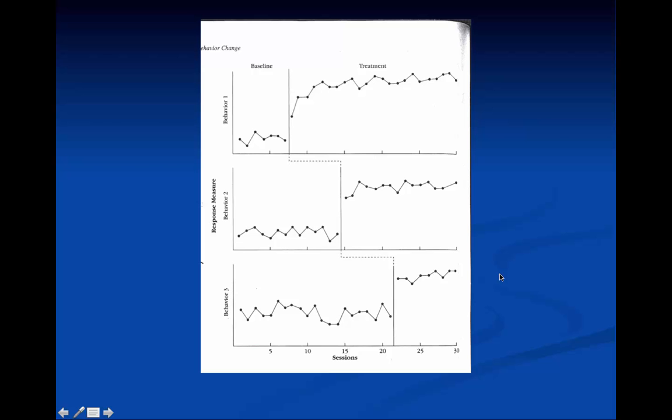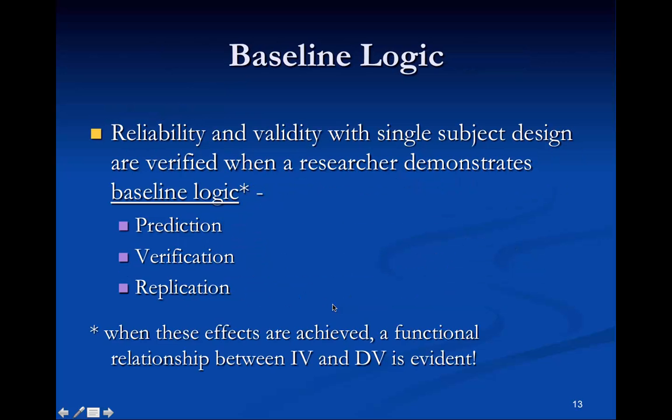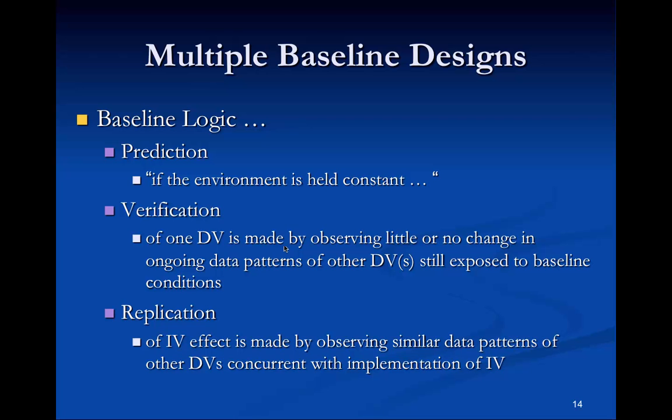Hope that's clear. The other is that, yeah, that's what I just said. So the logic we've gone over, prediction, verification, replication that we've talked about. Your book spends a lot of time talking about this. I think it's pretty straightforward.